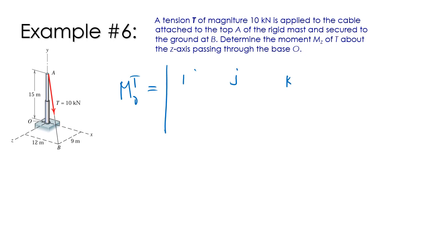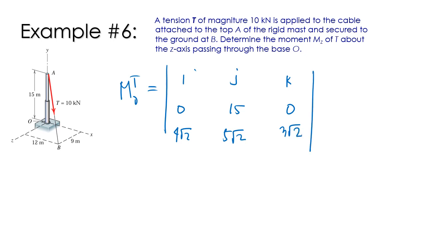For r OA, we have the coordinates 0, 15, and 0. Then for Tx we have 4 square root of 2, for Ty we have 5 square root of 2, and for Tz we have 3 square root of 2.